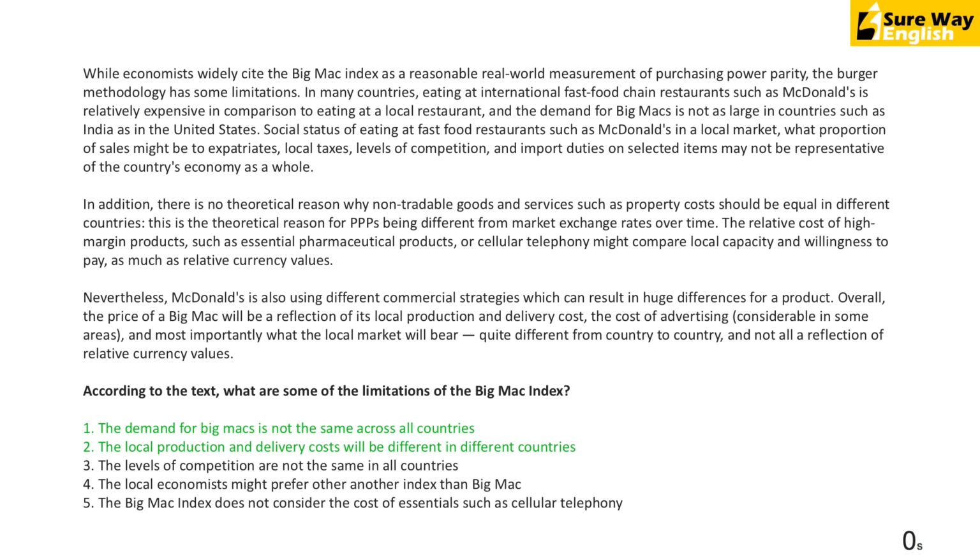So it doesn't say that the limitation with the Big Mac index is that it doesn't factor in the cost of telephony. Telephony is just given as an example, but the paragraph also says essential pharmaceutical products. Okay, so that's why the fifth option is also not the correct choice. So our options are first and second.